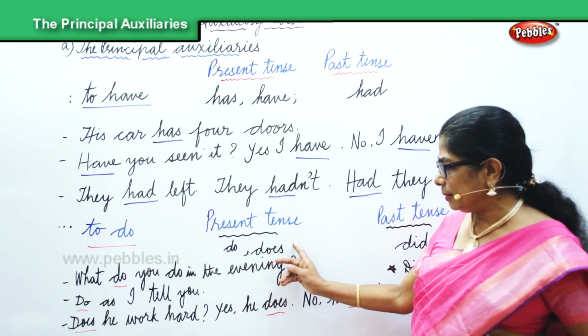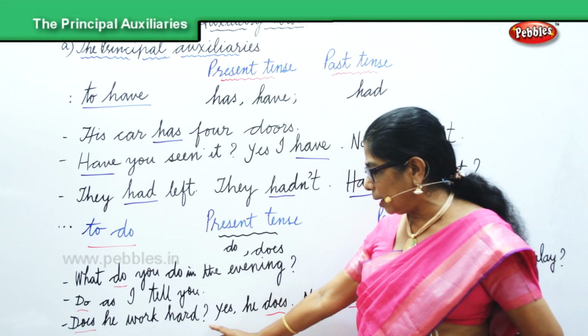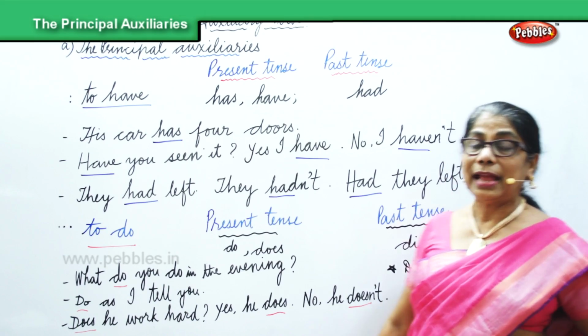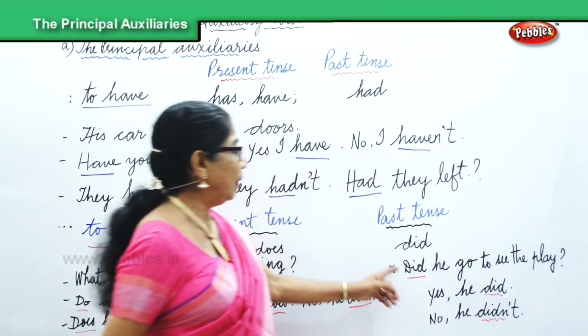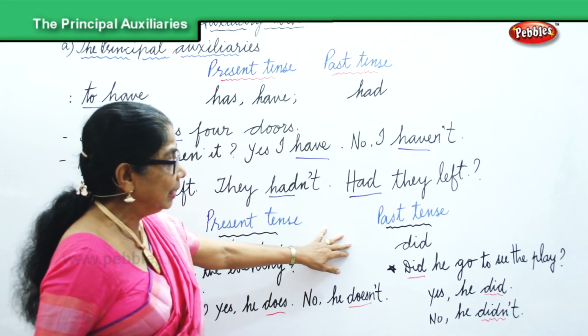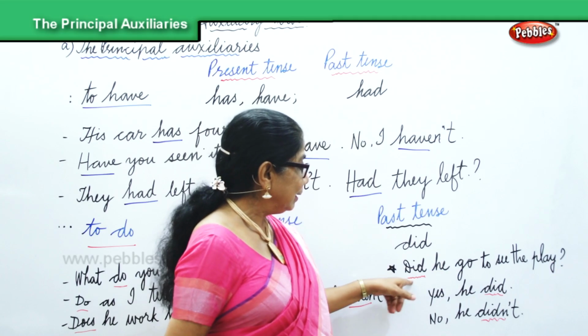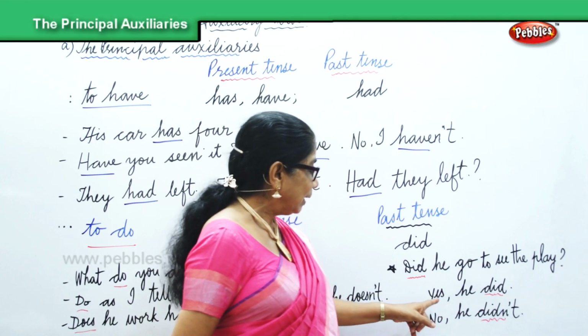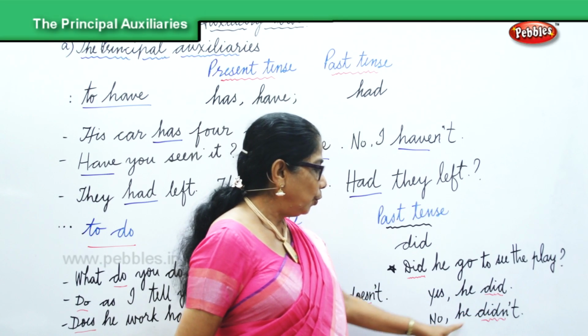Does he work hard? Yes, he does. No, he doesn't. And finally, in the past tense, we have did. Did he go to see the play? Yes, he did. No, he didn't.